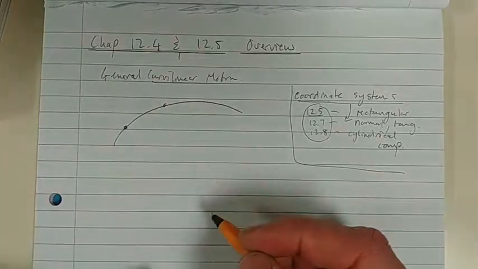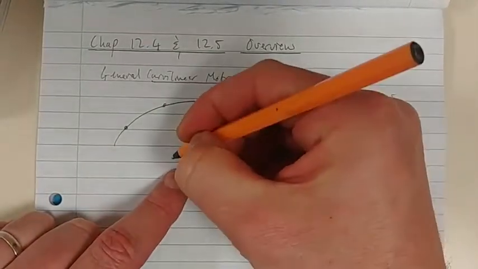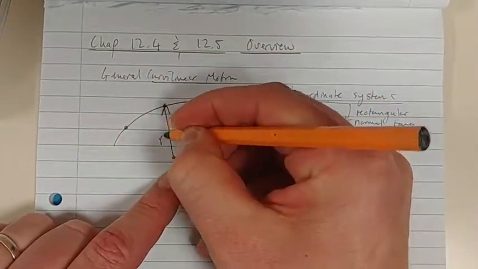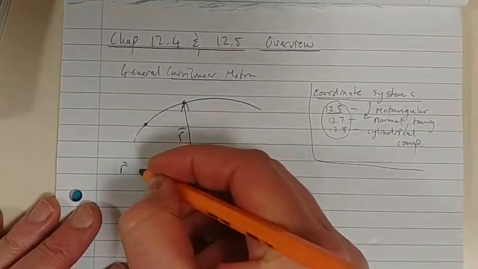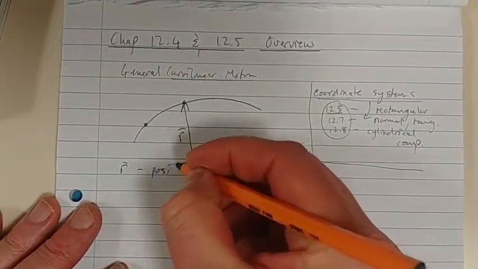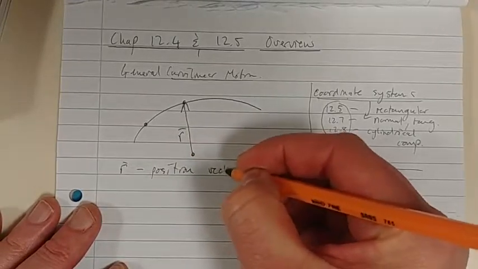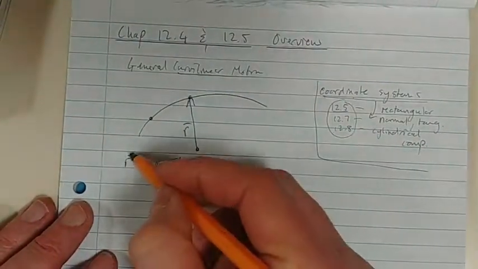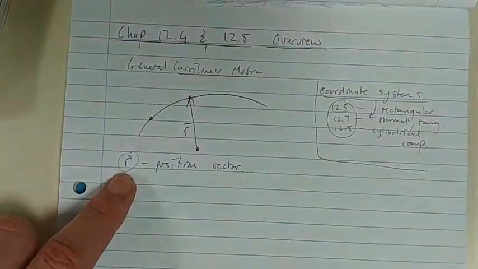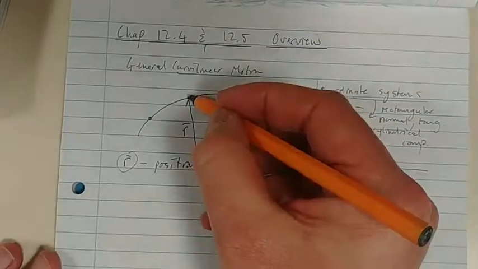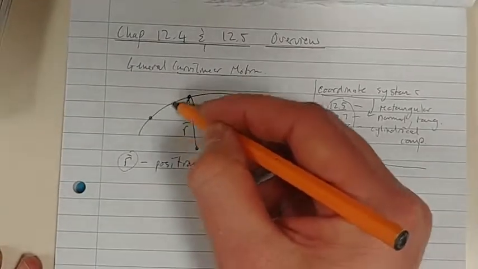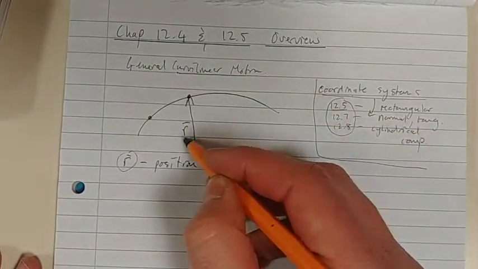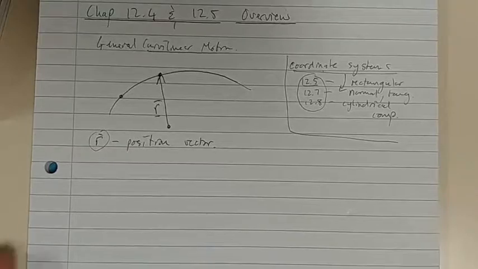For general curvilinear motion, we define the position of the particle using a position vector. R is our position vector, okay? But what you notice is we don't really say what that looks like yet. All we're saying is that the instantaneous position of the particle as it moves on this curve is defined by a position vector.